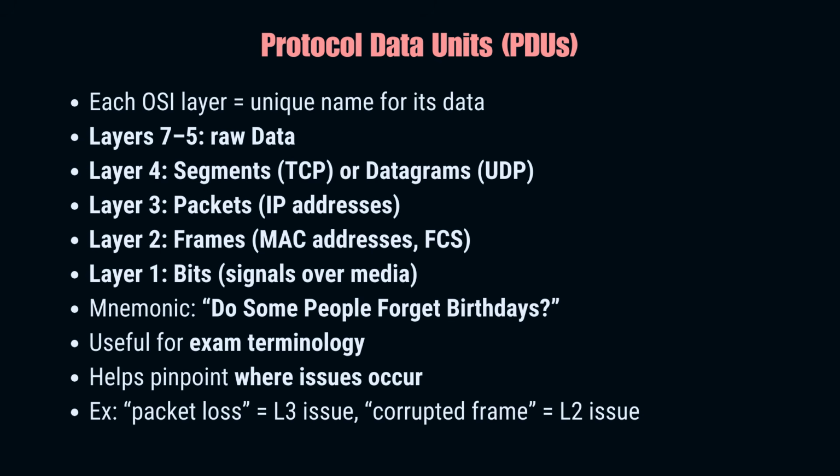Layer 3, network, forms packets by adding IP headers with source and destination addresses, providing end-to-end addressing. Layer 2, data link, constructs frames by adding frame headers and trailers with MAC addresses for hop-to-hop delivery. Layer 1, physical, transmits everything as bits converted to electrical, optical, or radio signals.